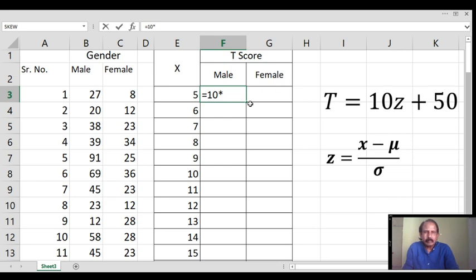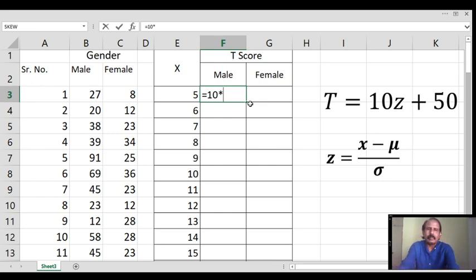And another thing, in the formula of Z, X minus mu upon sigma, it means division and subtraction both are there. So if such a case is there, then we have to show the expression showing addition or subtraction in brackets, which we have discussed in the previous videos.